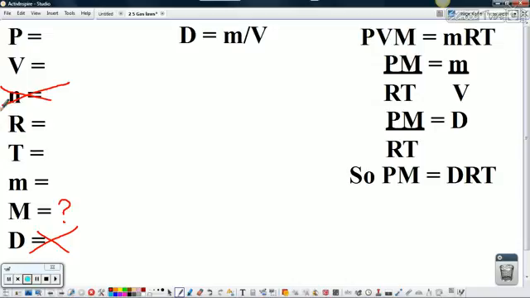All right, so what is the molecular weight?